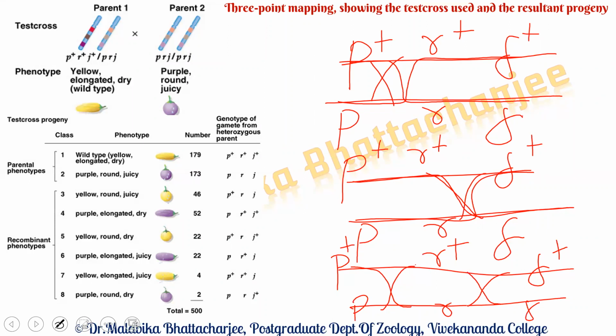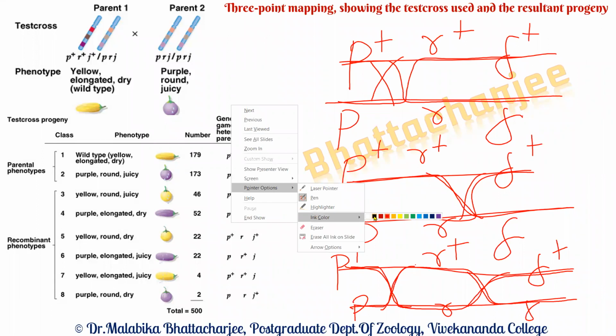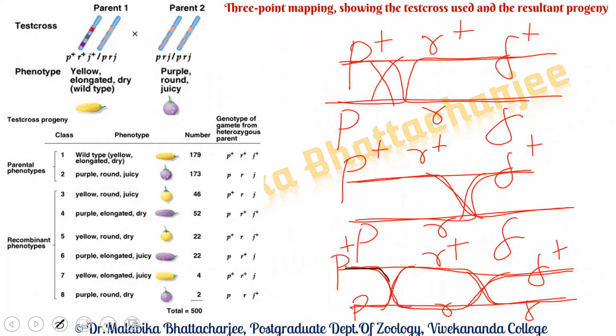So there is a crossover event occurring between P and R, and at the same time, a crossover event is occurring between R and J. In that case, we will be getting a combination of P R plus J and P plus R J plus.